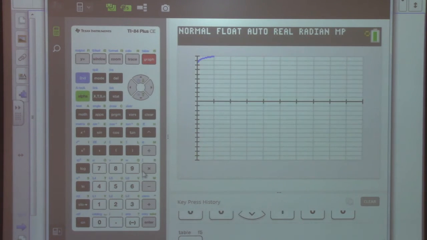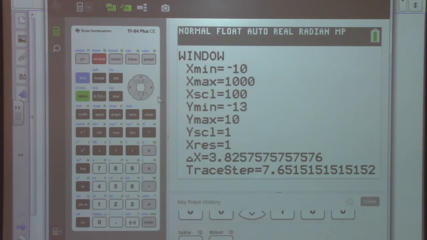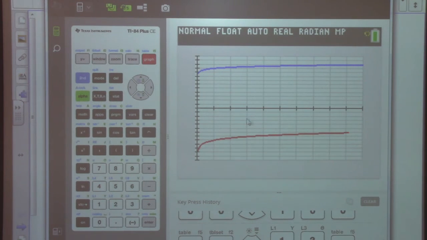Okay, and graph it. I'm going to even increase the y window up here, y max, to positive 13. But see, does it look like we're any closer together here than we were at the beginning? No, it really doesn't.